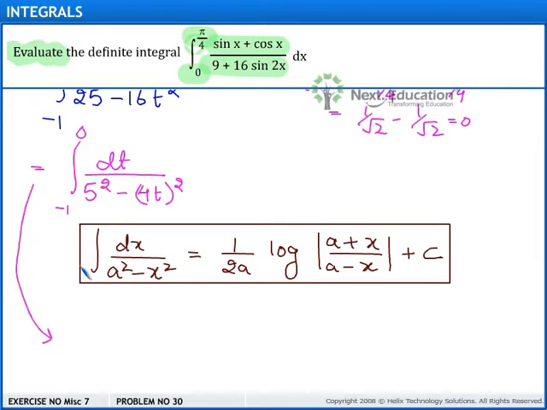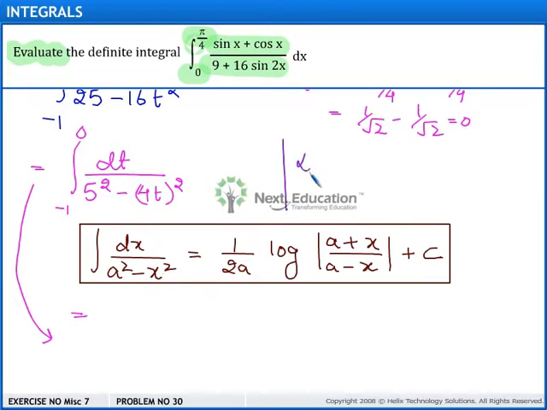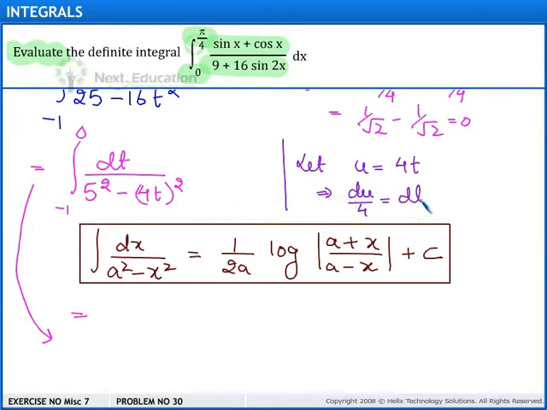Therefore, first let us write this integral in the form of a square minus x square. So let us suppose that u is equal to 4t. So this implies that du upon 4 is equal to dt.